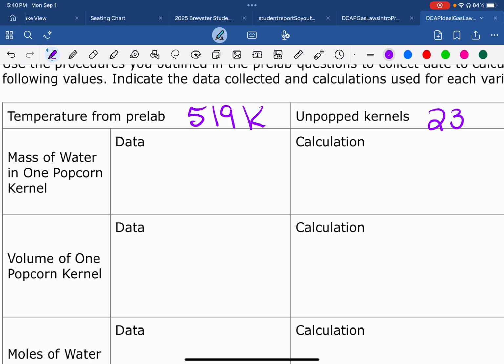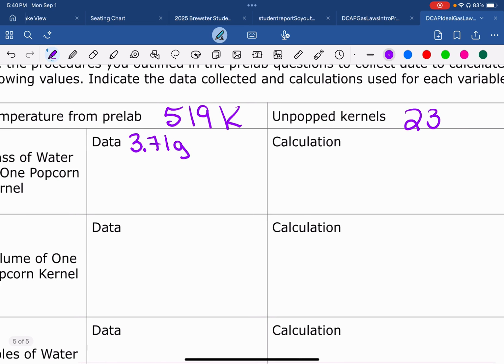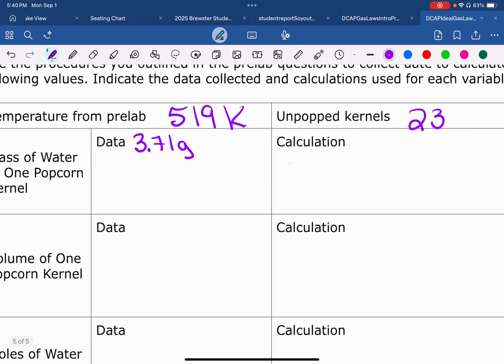We normally tare that out. My mass is 3.71 grams. That's what I weighed on the scale. So 3.71 grams divided by 25 kernels equals 0.148 grams per kernel.